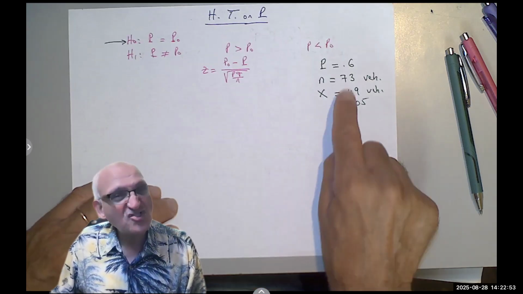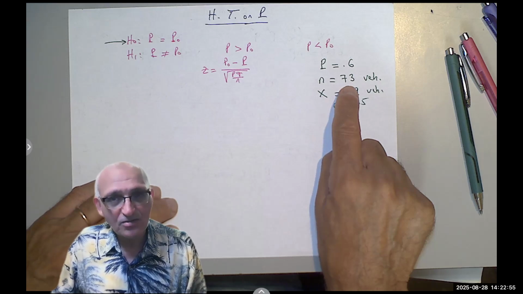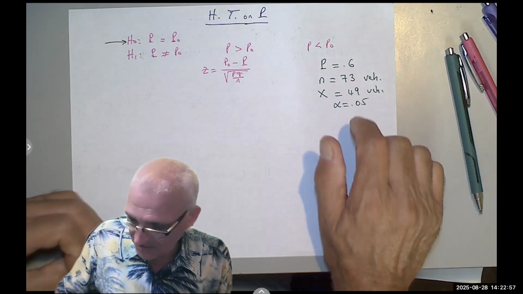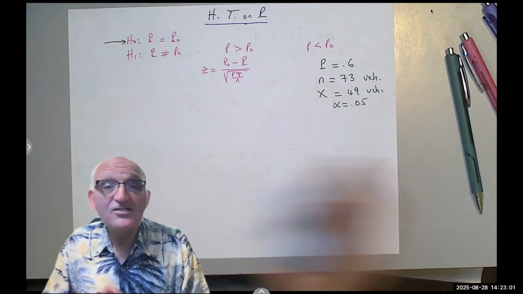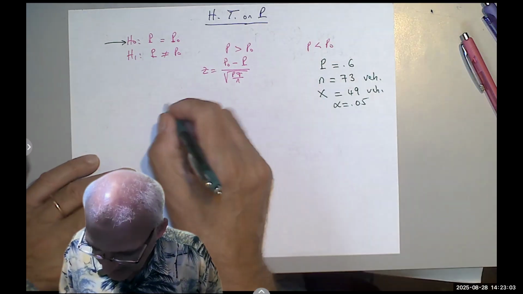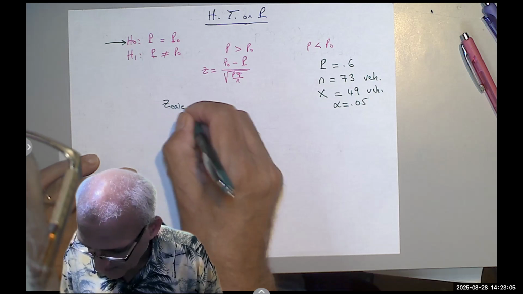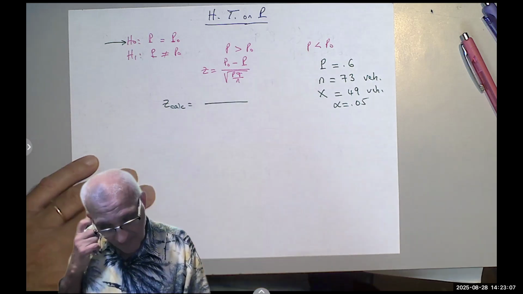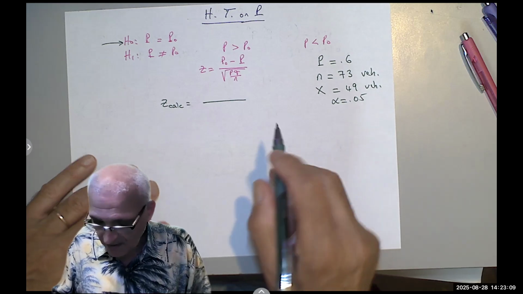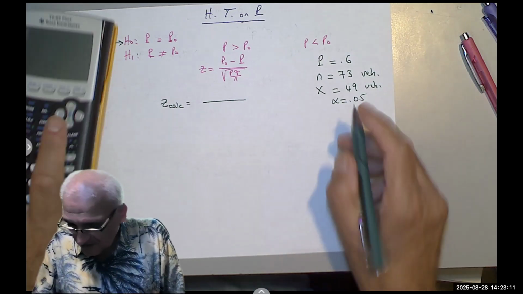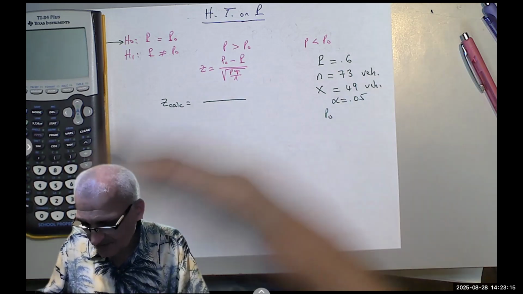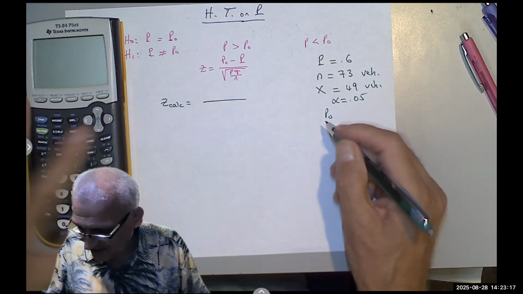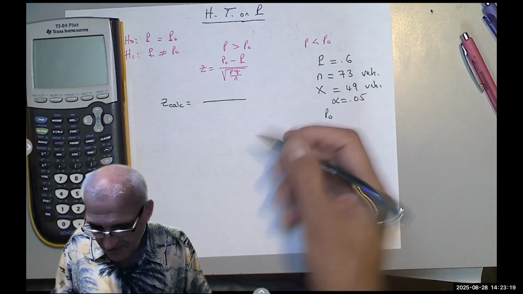Notice the sample size is not large. So we have a small number here, small sample. But let's do it. So we are going to say zcalc equals 49 over, so P0 here, I think we should say P0 is the 60%.